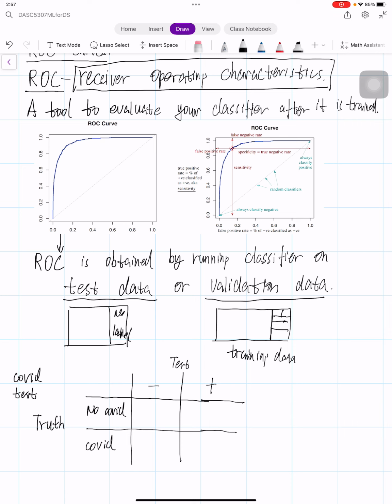Okay, if you don't have COVID and the test shows you a negative result, you are good, right? But if you don't have COVID and the test shows a positive result, that's an error. So this is called false positive.